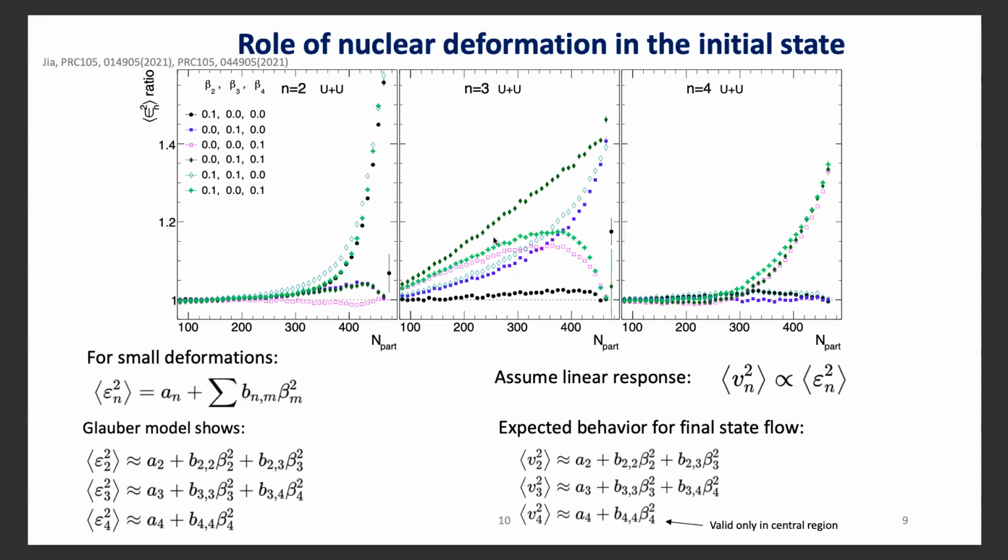You can see this trend is largely enhanced. And epsilon 4 is most contributed by beta 4. So we add three parameters: beta 2, beta 3, beta 4, and you can see finally there's no very large enhancement.